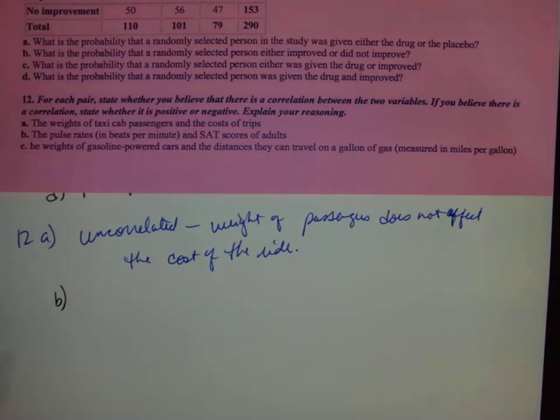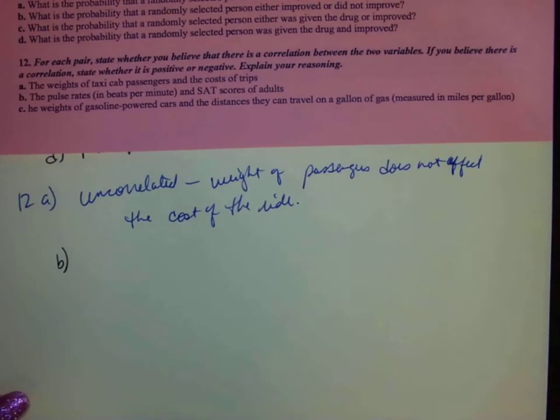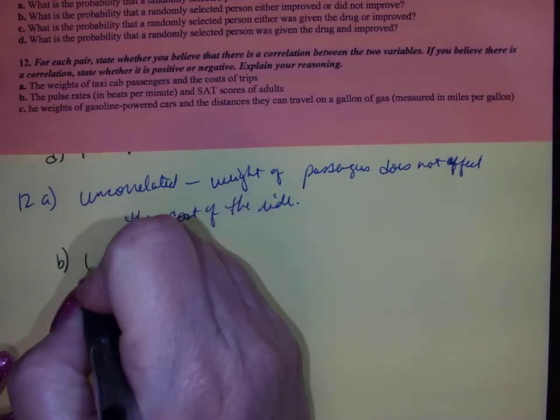All right, part B. The pulse rate in beats per minute and SAT scores of adults. Well, these are the results. Again, it's not in the process of taking the exam, but just the result. These are not correlated either. So uncorrelated.